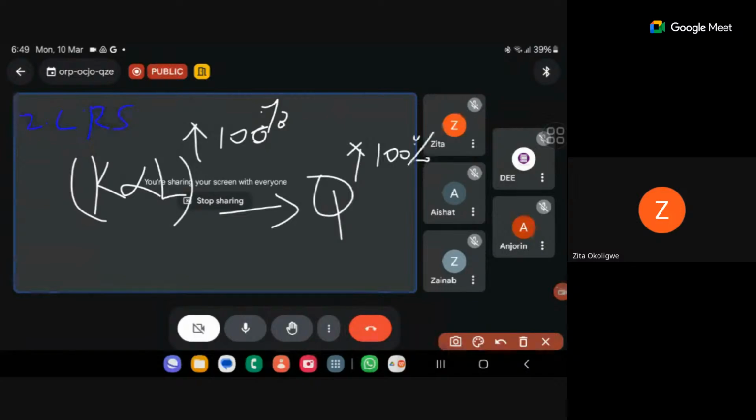That is called constant returns to scale. So it means that the total output commensurate with the input has grown. No cheating. Nothing more, nothing less. So if you increase input by 50%, your output also increases by 50%. That's what we call CRS.